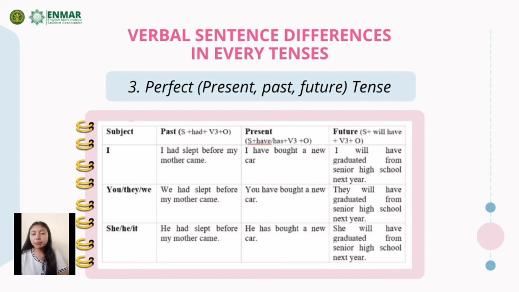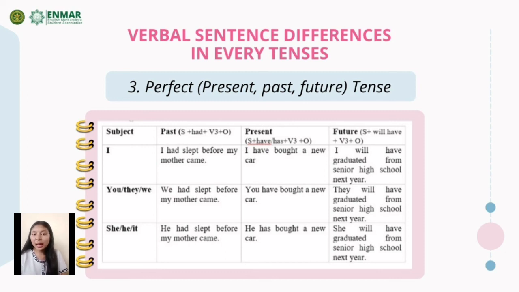General formula: subject plus have for first and second person, and has for third person, plus verb 3 plus object. For example, I have bought a new car. I is a subject, have bought is a verb 3, and new car is an object.